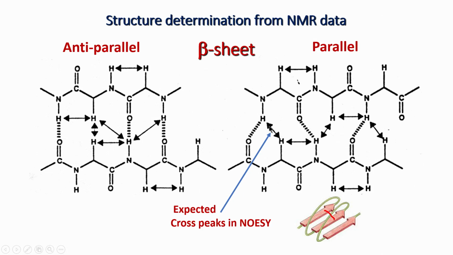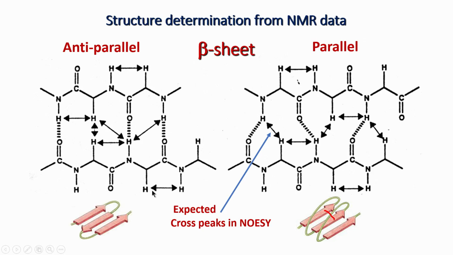The hydrogen bonds are shown by dotted lines. So, if you observe these NOEs in your spectrum, immediately you can conclude that this is a parallel beta sheet structure in that protein. Again, this is a local, secondary structure. Remember, we are still not at the tertiary, that is the 3D structure.